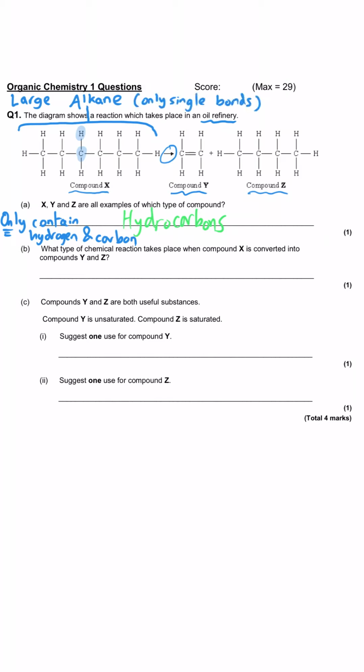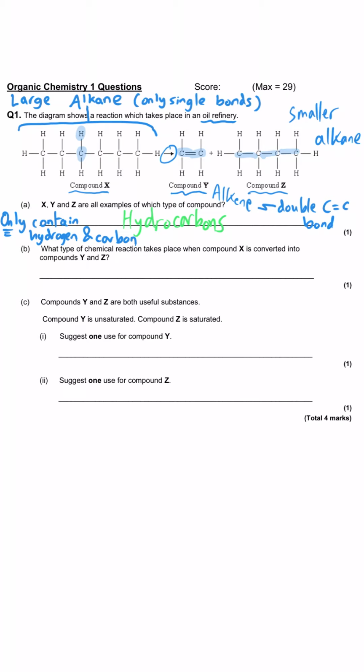And then on the right-hand side in the products we've got a smaller alkane than before, and we've also made this molecule compound Y, which is an alkene. And alkenes have got double bonds between their carbon atoms like this here. So alkanes only have single bonds between the carbon atoms, and an alkene has got a double bond.